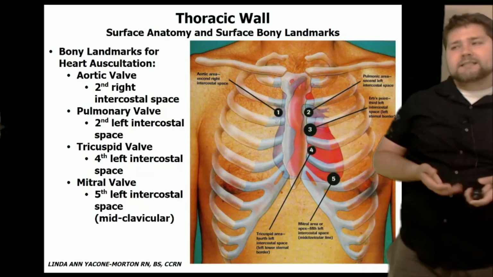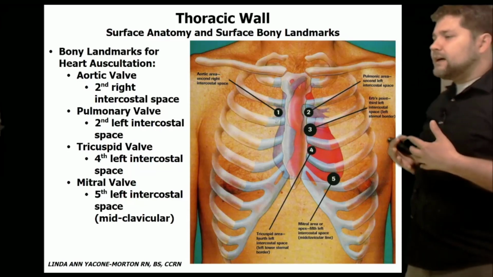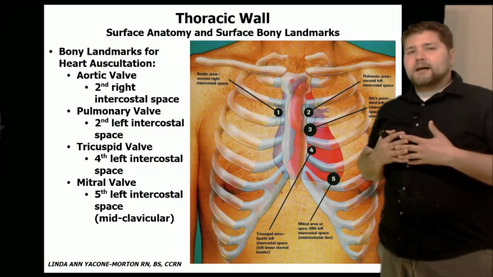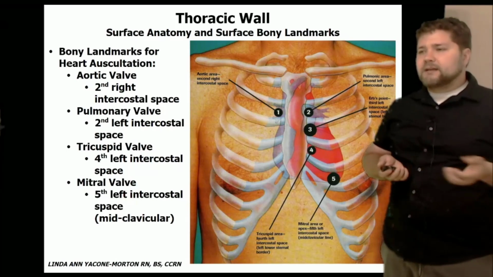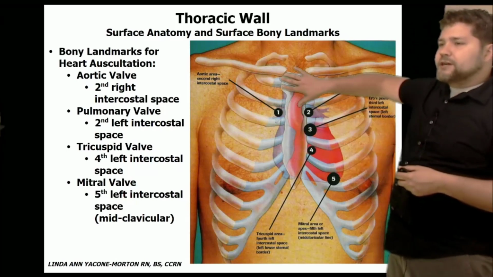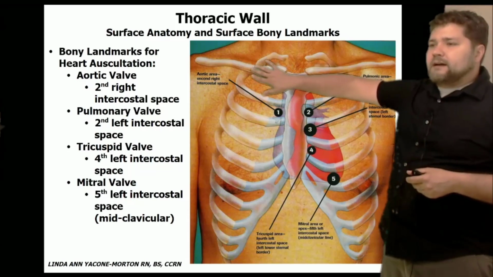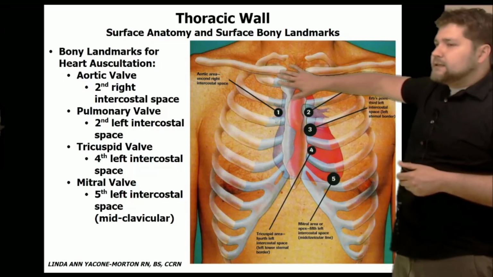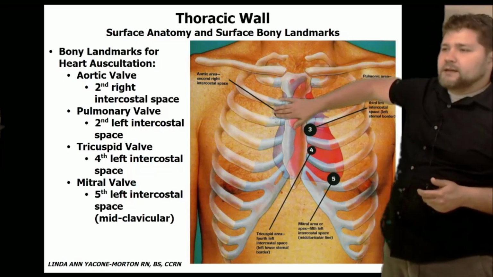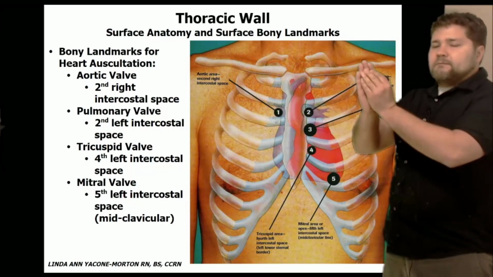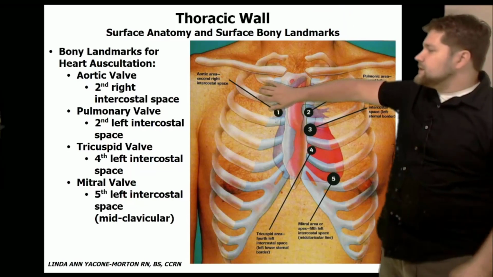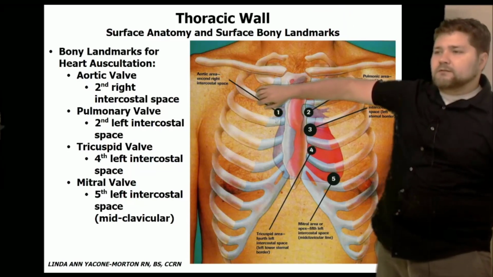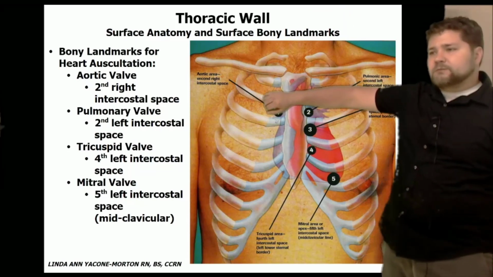So if you wanted to test the person's valves and see what valve might have dysfunction, since I already told you mitral and aortic can have dysfunction sometimes, then it depends on where the projection of that sound will be. The aortic valve is going to be on the second right intercostal space, right? So that sound of the blood coming out and filling up is going to project here. If you wanted to listen for that, you just go to the right of the sternum in the second intercostal space.